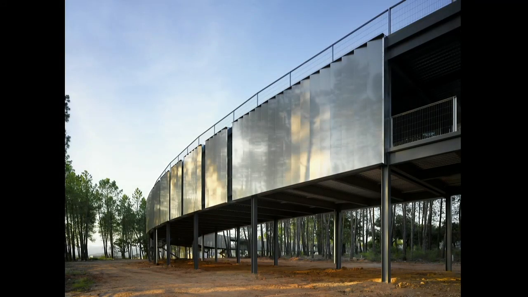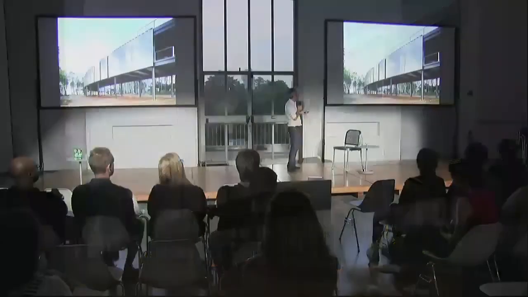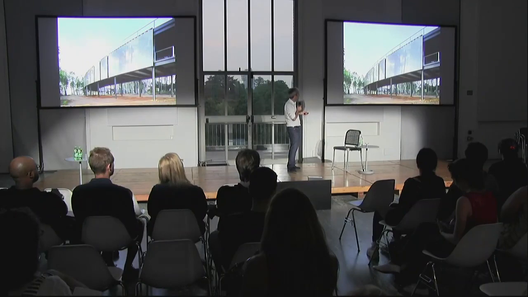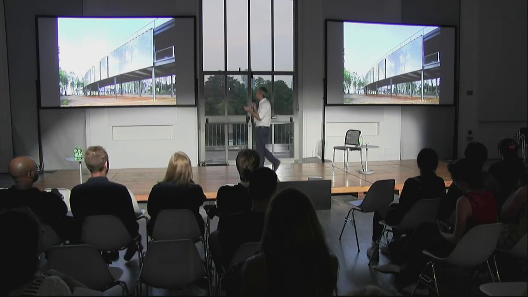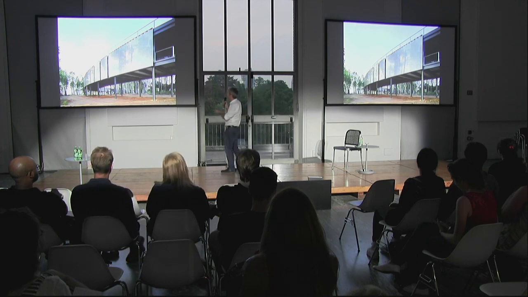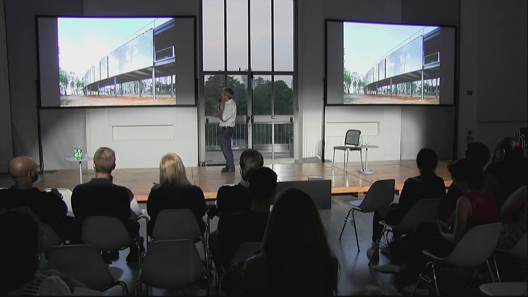So the rule was that if we need a window, we took away one of those panels. If we need a courtyard that we have between each program, we took away different panels. The panel also gives this brightness and this little reflection that is taking somehow the lights or the colors of the site.